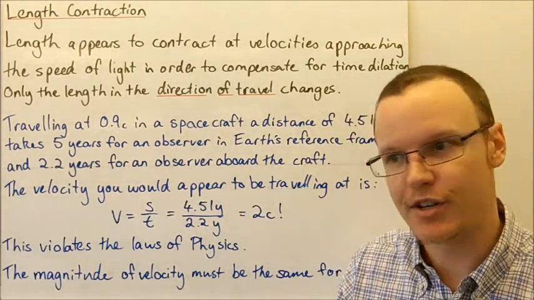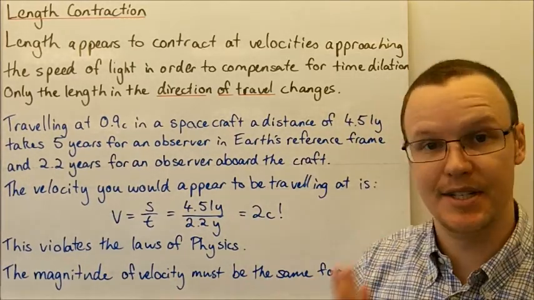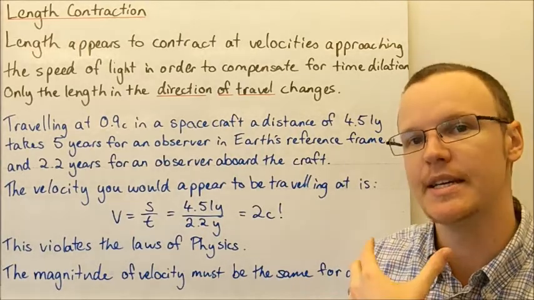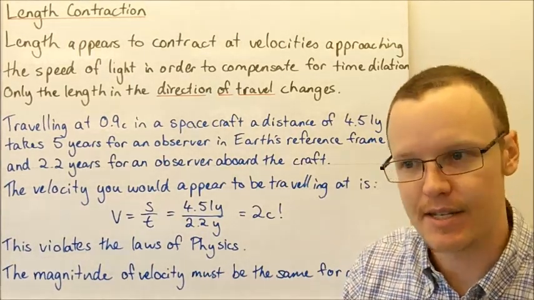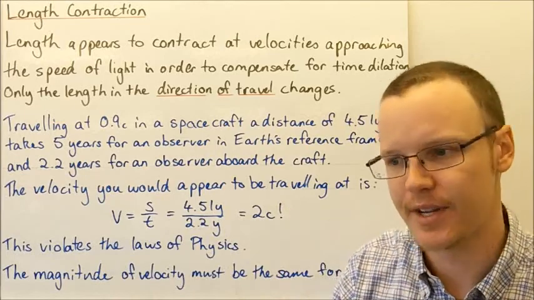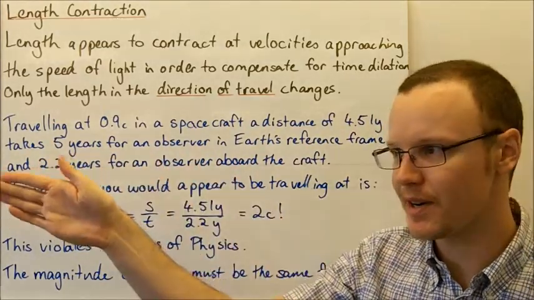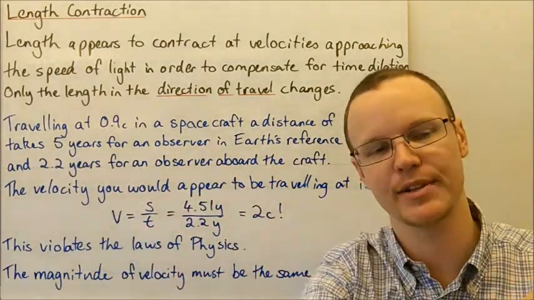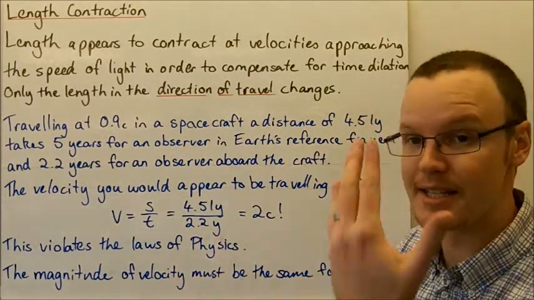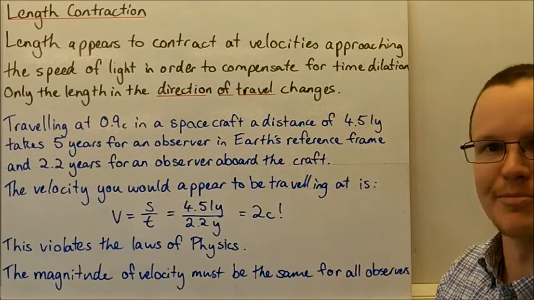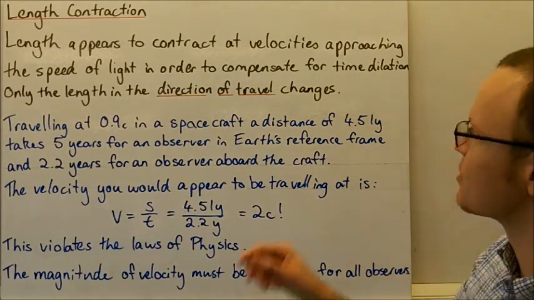So the magnitude of velocity is the same. The direction of travel is negative, it's different. So although you might be travelling in this direction, the other person appears to you to be travelling in the opposite direction at 100 kilometres an hour. But the magnitude of velocity is the same. It remains the same for all observers in inertial reference frames.